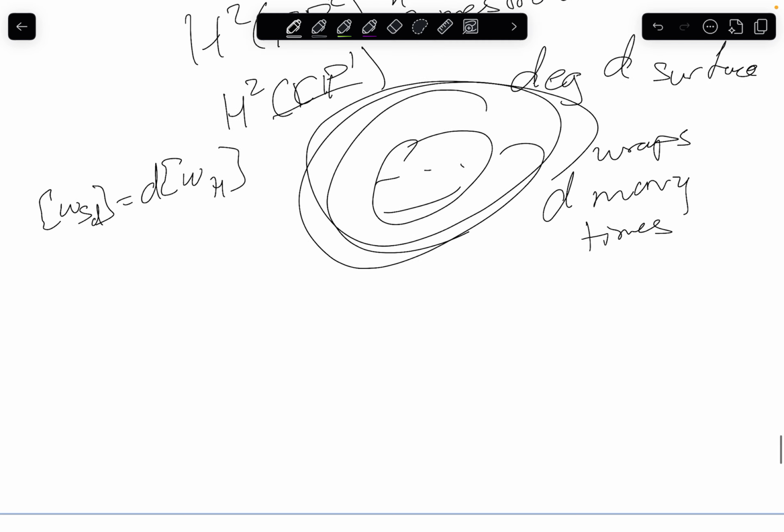This is analogous to how on the torus, if you have this circle and this circle, then they have zero intersection because this guy's contractible. But if this circle wraps around twice, then the intersection is measured by how many times each individual circle wraps around the two holes of the torus. So this is an analogous thing where you have one hole here, and you're measuring how many times this wraps around the central sphere.